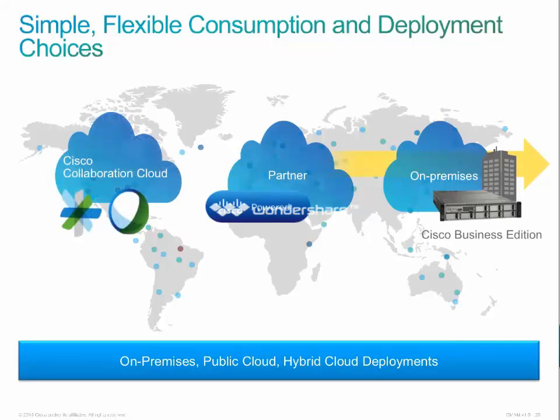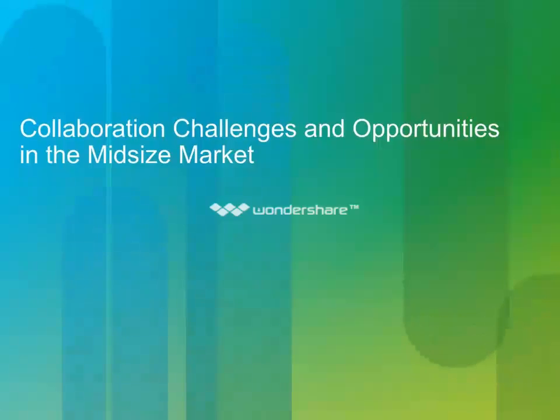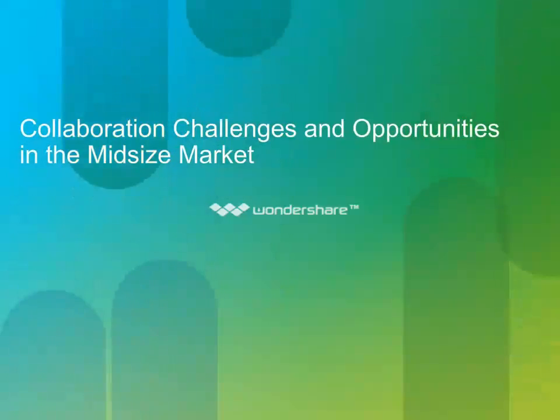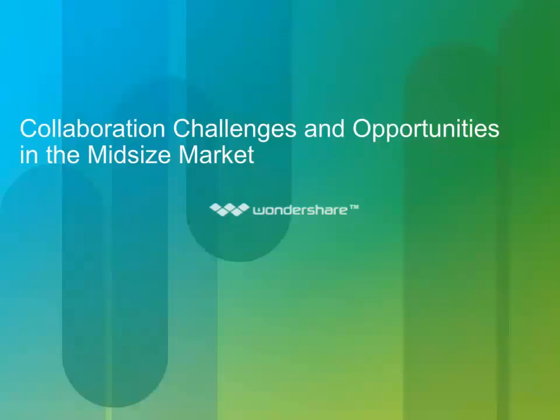Cisco collaboration cloud services, such as Cisco WebEx and Cisco Spark, use an elastic consumption model that provides a foundation for rapid innovation. A true software as a service or SaaS model, WebEx Cloud is the second largest business-to-business cloud after Salesforce.com. Now let's take a look at the current and future opportunities in the mid-size market segment.